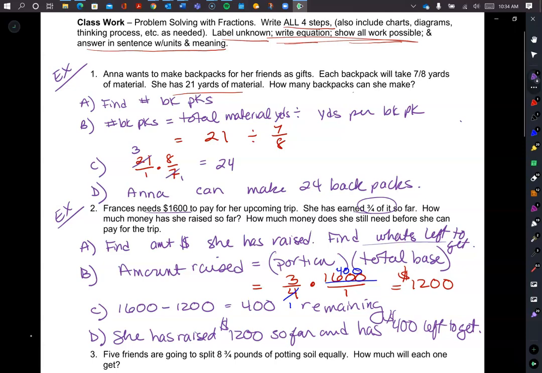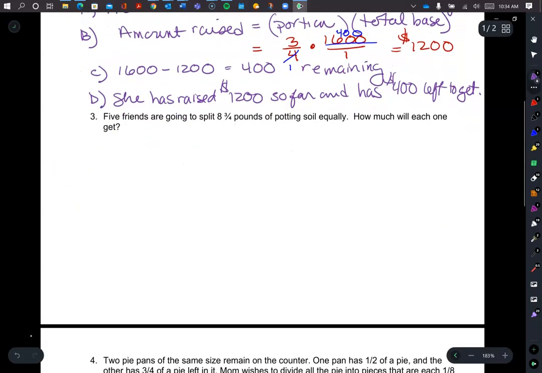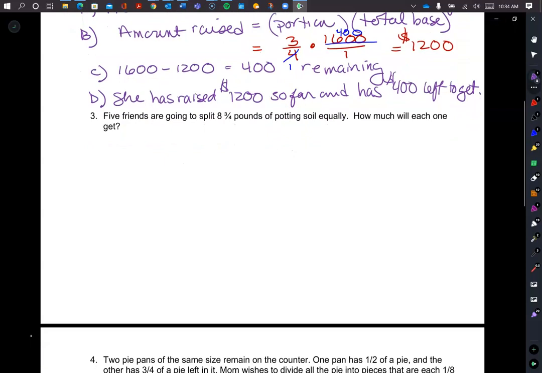The classwork on these, quote unquote classwork, the practice problems. Number 3: 5 friends are going to split 8 3/4 pounds of potting soil equally. How much will each one get? It's similar to what we were doing before, but I'll give you a little hint.